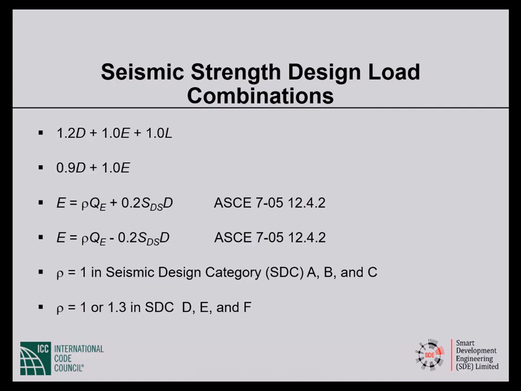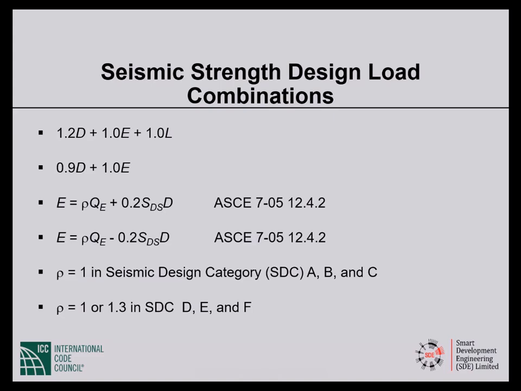Okay. Now, as I also mentioned a minute ago, in BNBC, you do not have any of this. BNBC, for the purposes of design load combinations, has essentially made rho equal to 1, period. Okay. So in BNBC, E sub H, horizontal earthquake effect, is the same as Q sub E.